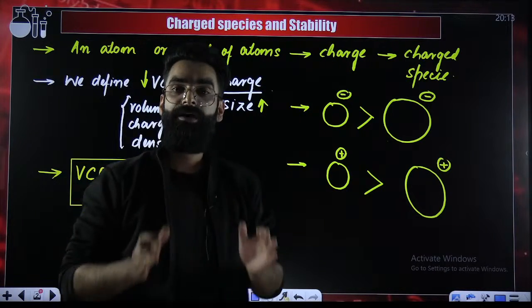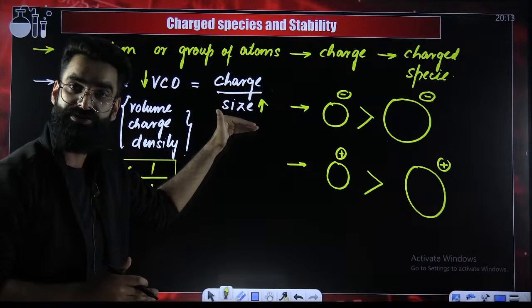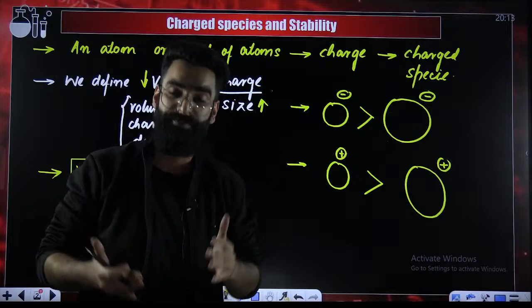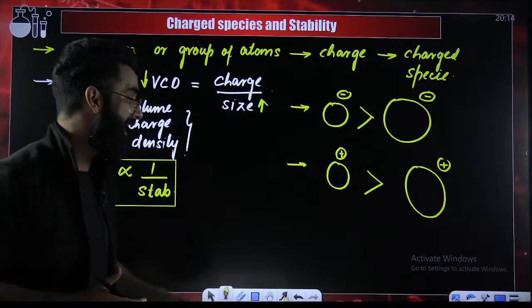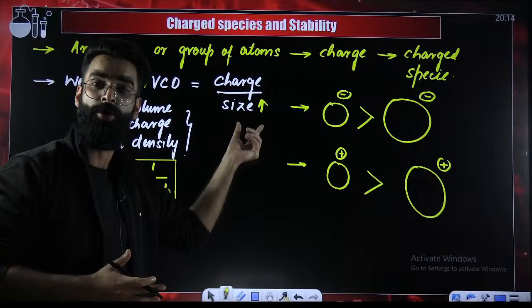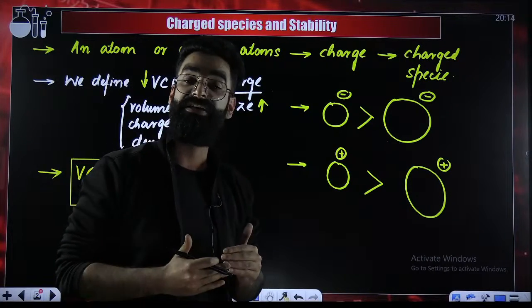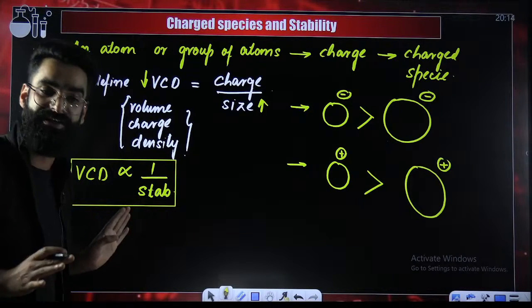So first thing, volume charge density is a ratio of charge on the species to the size of the species. And this VCD term, we define it for the charged species. That particular species whose size will be more, its VCD will be less. And what kind of information does this VCD give us? It gives us the idea about the stability of the charged species.